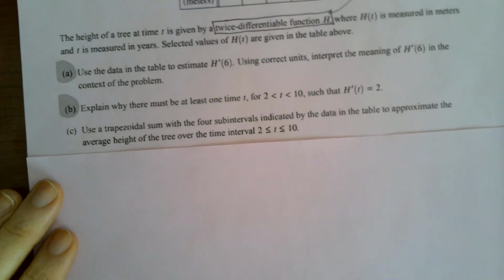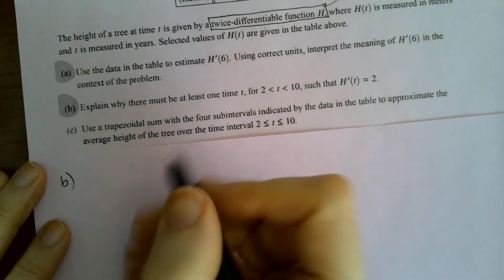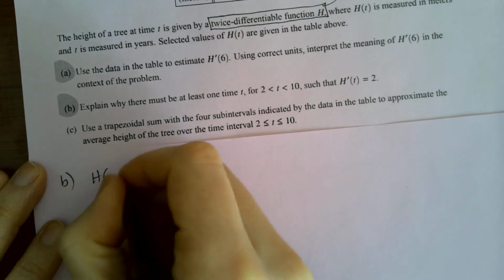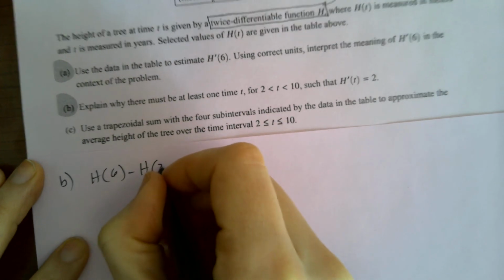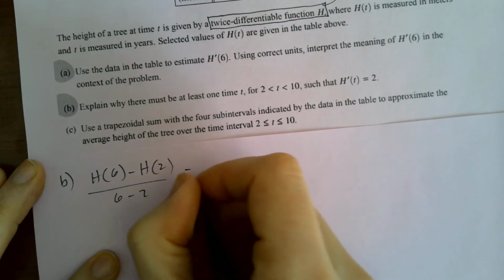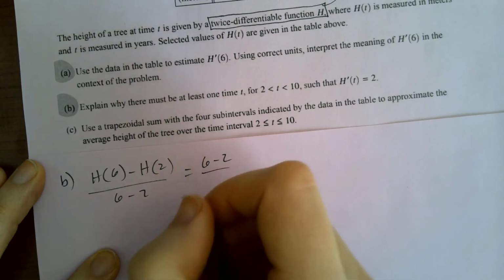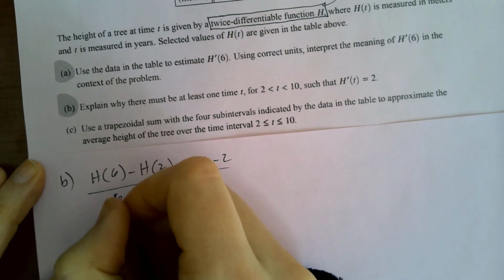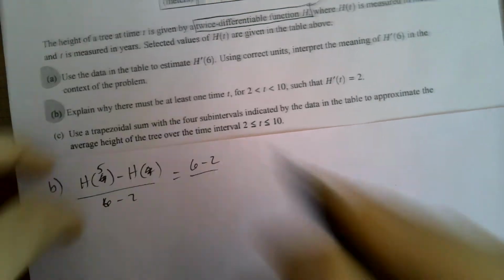All right, so let me just do the average rate of change here. So h of 6 minus h of 2 over 6 minus 2. This is 6 minus 2, nope, 5 minus 3. Oh my gosh, that should have been a 5. Let me just start over.